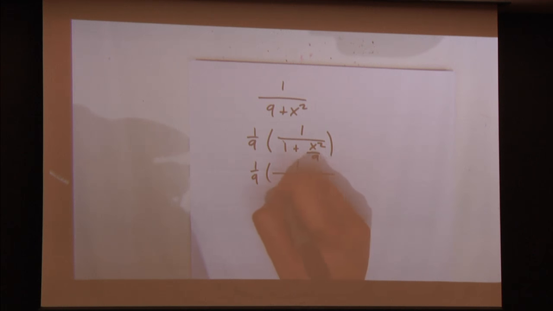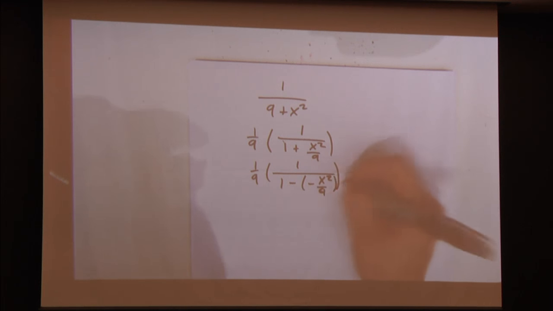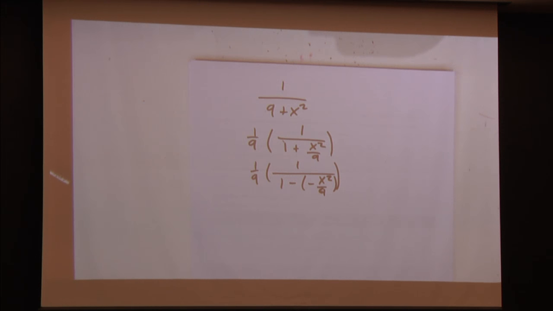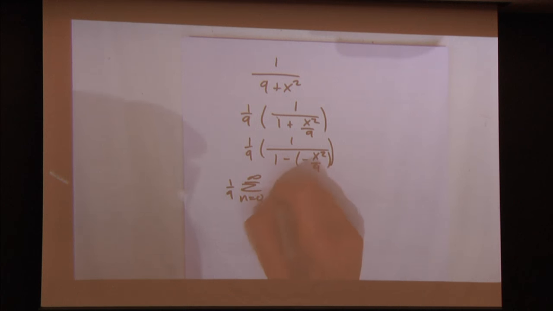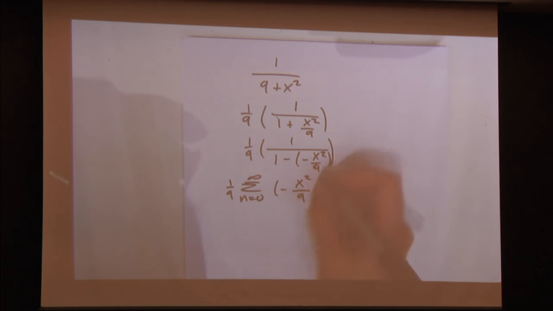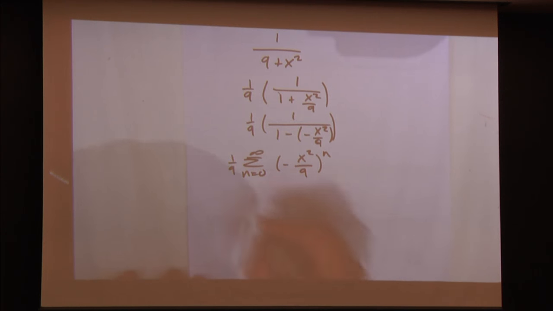So 1 over 1 minus (-x squared over 9). This is the form that we put into our series. We have 1 over 9 times the series as n is equal to 0 of (-x squared over 9) raised to the power of n. We can split this up and make it nice.